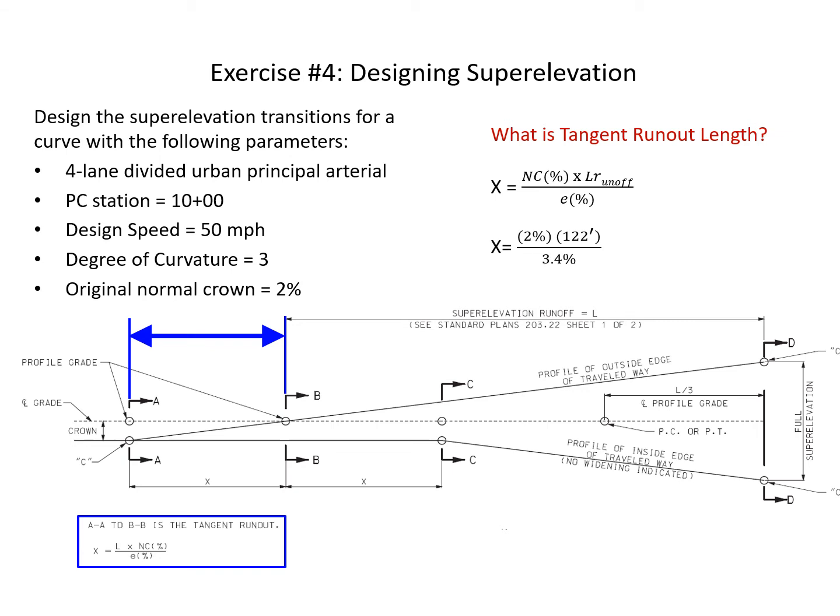If we plug in the values on that equation, we get 2% times 122 divided by 3.4%, which is our max E rate for this curve. We get a tangent runout length of 71.76 feet.